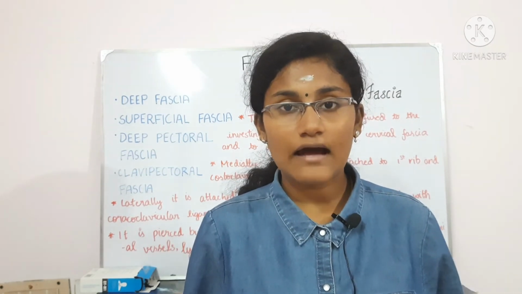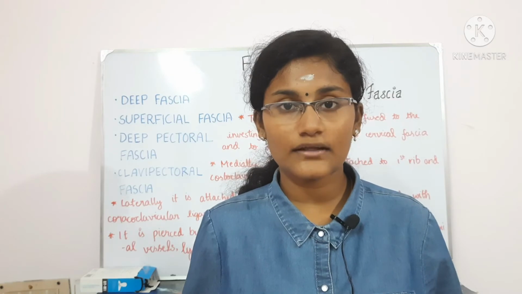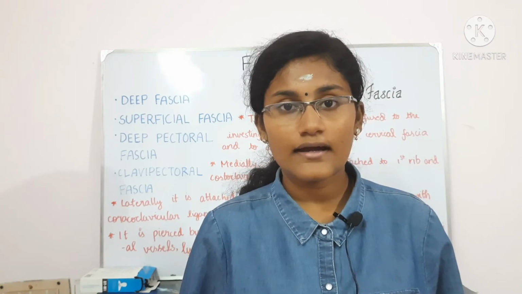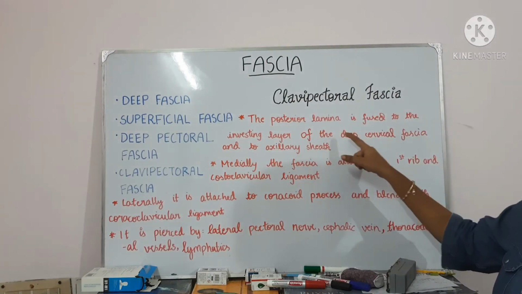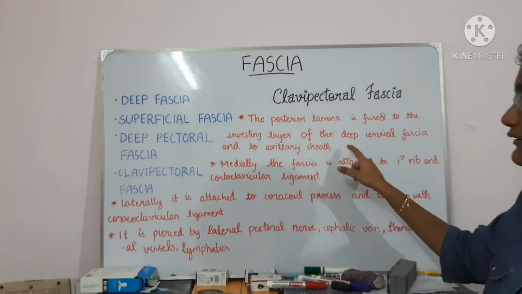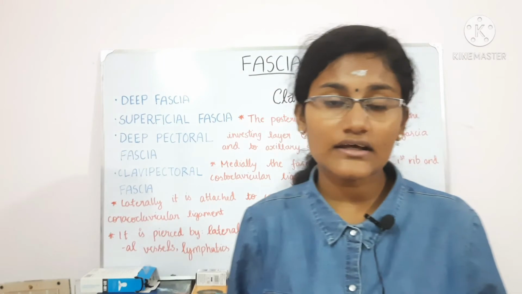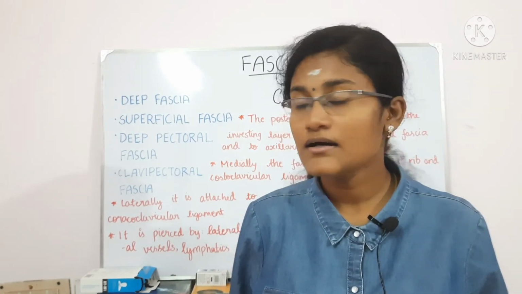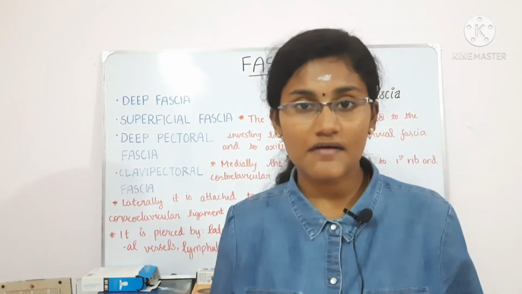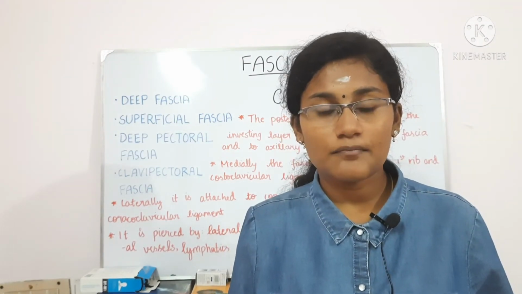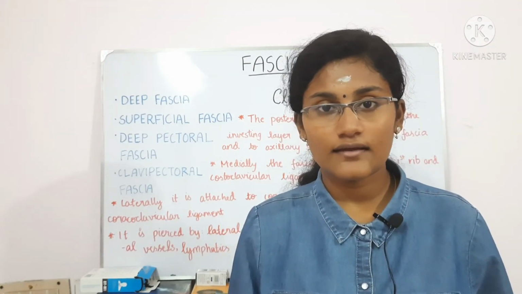The upper part of the clavipectoral fascia splits into two to enclose the subclavius muscle, and the posterior lamina is fused to the investing layer of the deep cervical fascia and to the axillary sheath. Deep fascia is the one that is covering the regions inside the body.